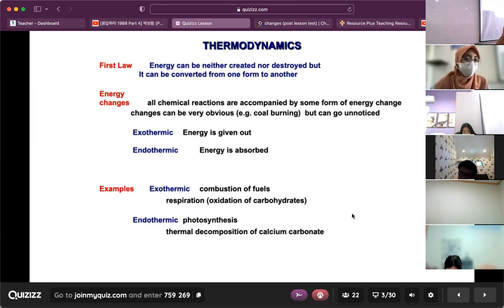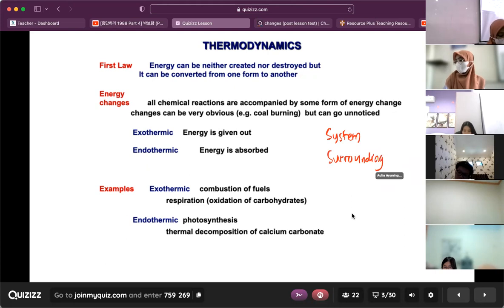Given out to somewhere or absorbed from somewhere. So for exothermic and endothermic, you have to understand two terms. The first one is system, and the second one is surrounding. What is system? System is the chemical reaction itself.